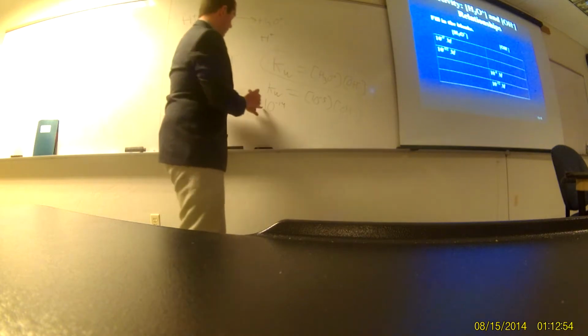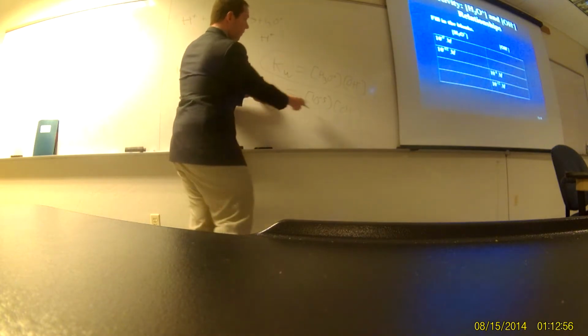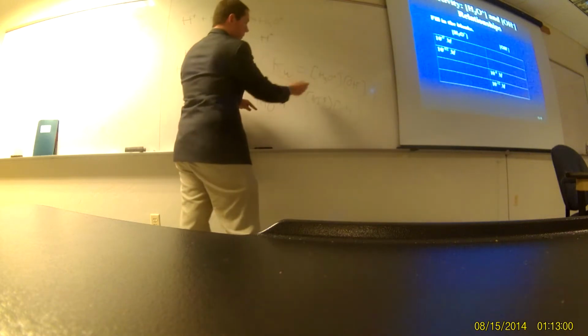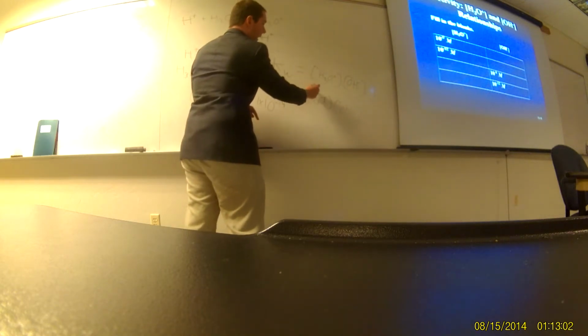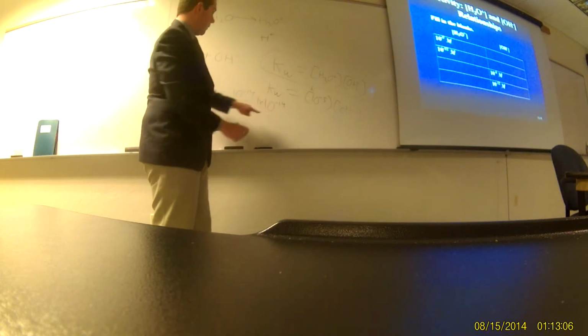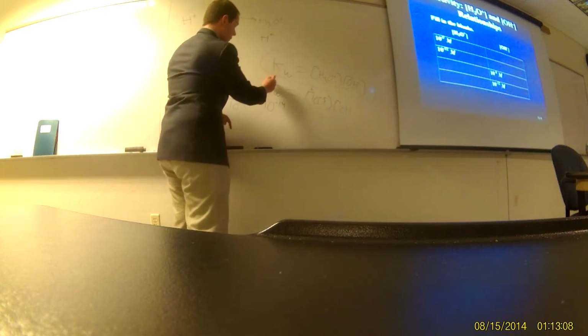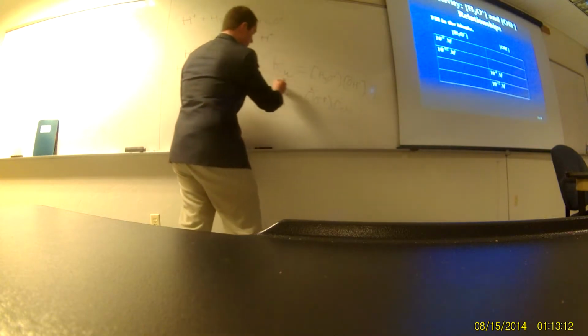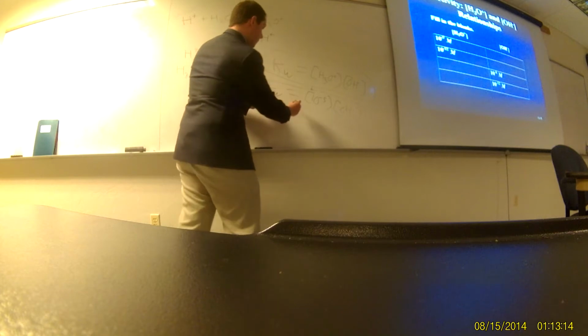Correct. So here, I plugged in the acid concentration. So that became that. But we know Kw is 1 times 10 to the negative 14. And so what we got is 1 times 10 to the negative 14 equals 10 to the negative 5 times OH minus.